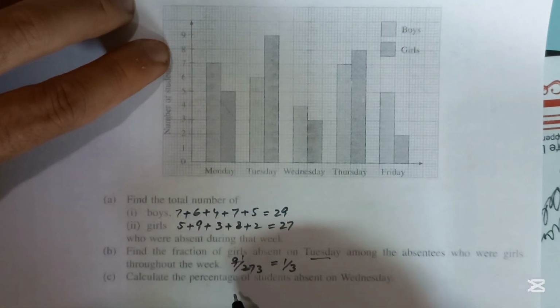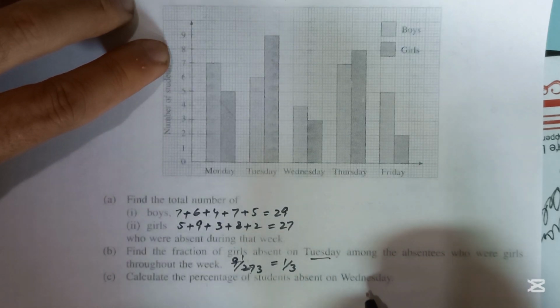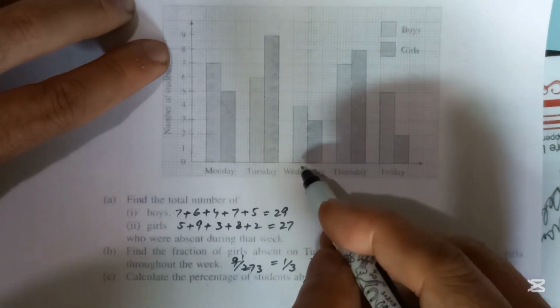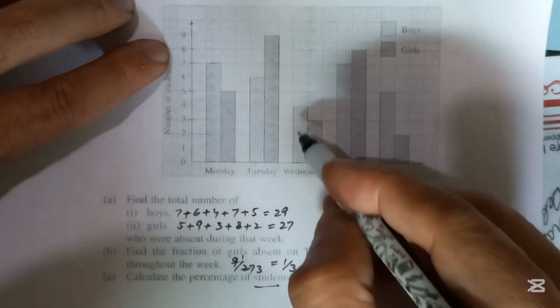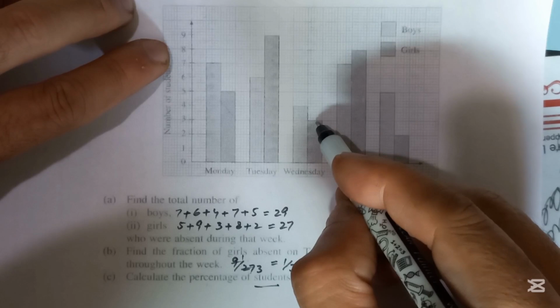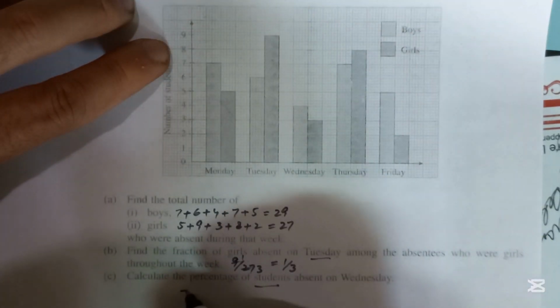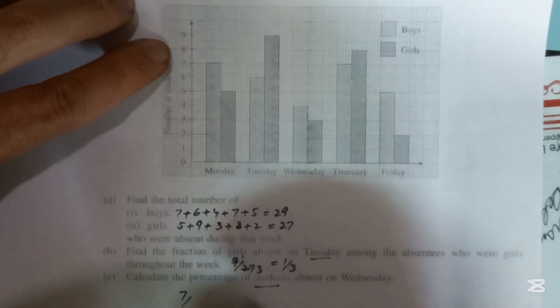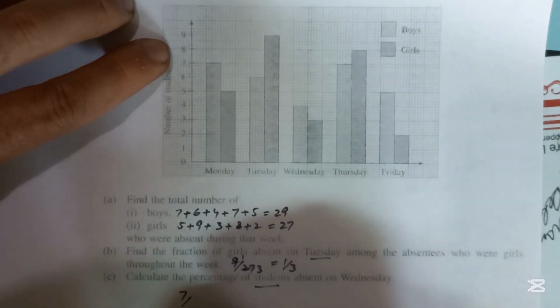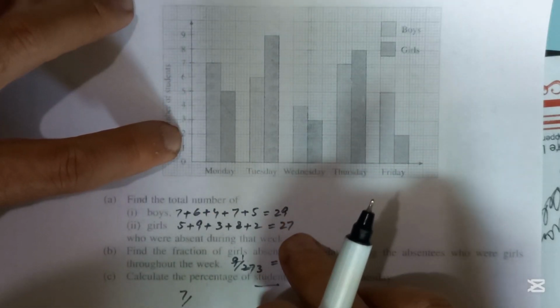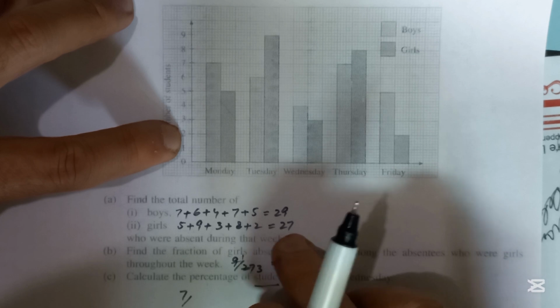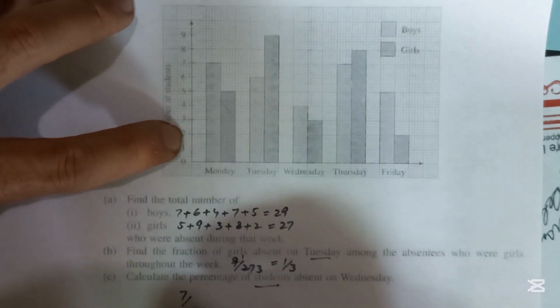Last part is to calculate the percentage of the students absent on Wednesday. So on Wednesday, the total number of students absent is the requirement now. So the total number is 4 plus 3, 7. So 7 by total students, which will be 29 plus 27, that will be equal to 56.